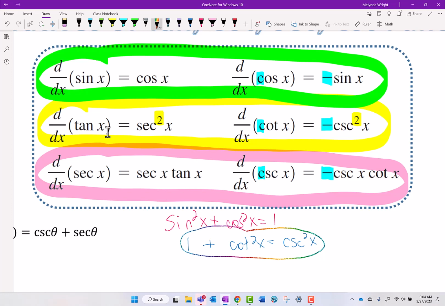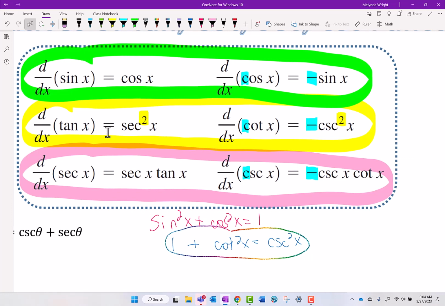So that really helps me in my brain knowing which ones belong together. Then also, if I divide that sine squared plus cosine squared by cosine squared, I've got tangent squared plus 1 equals secant squared.